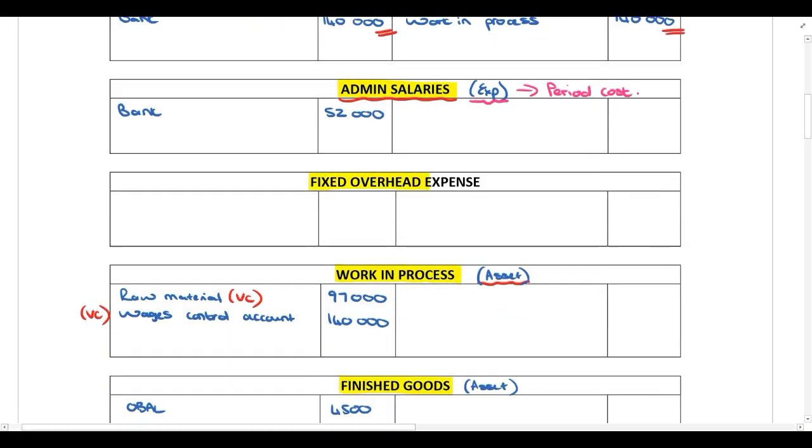Here's my fixed overhead expense. So this is variable costing. This is going to be an expense or a period cost. We debit the fixed overhead expense. We credit accounts payable or bank to record that transaction.